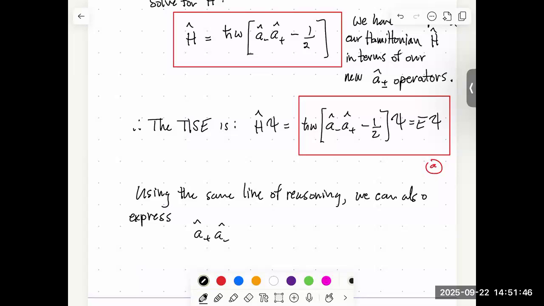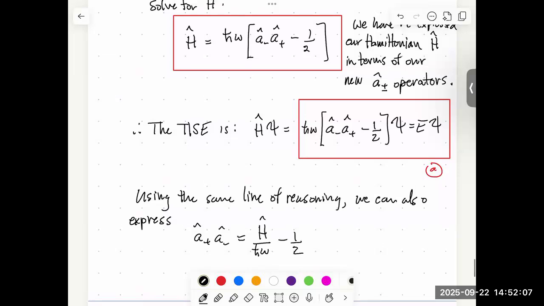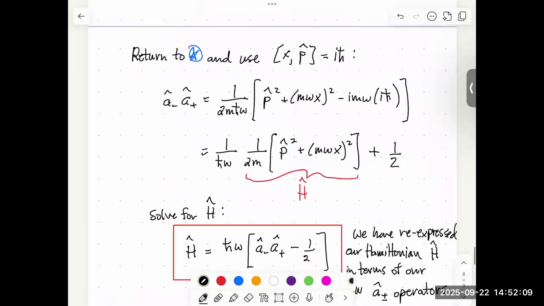I don't expect a-plus times a-minus to be equal to a-minus times a-plus. If you do this, what you will find is that this is equal to our Hamiltonian divided by h bar omega minus 1/2. And if you compare to what we had before, we had plus 1/2 last time.